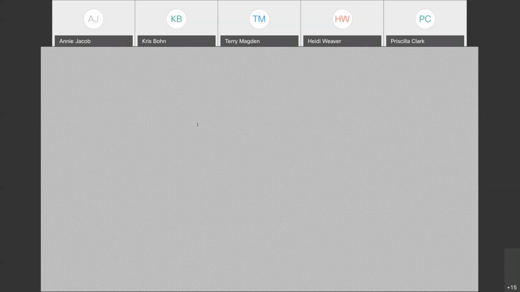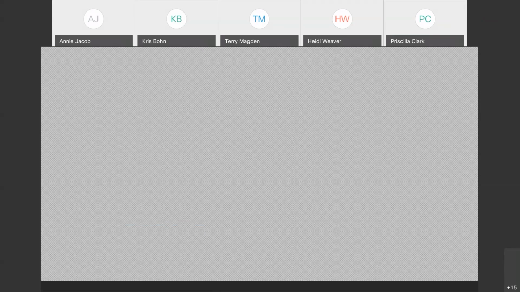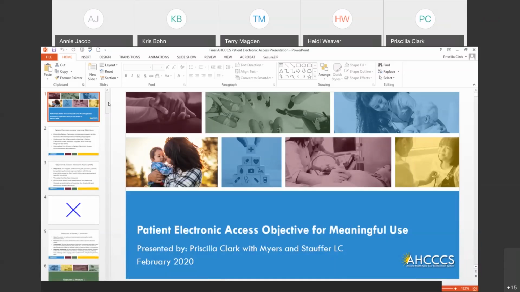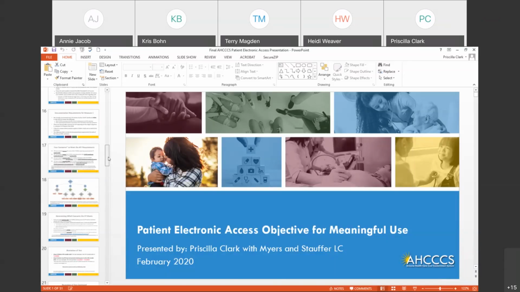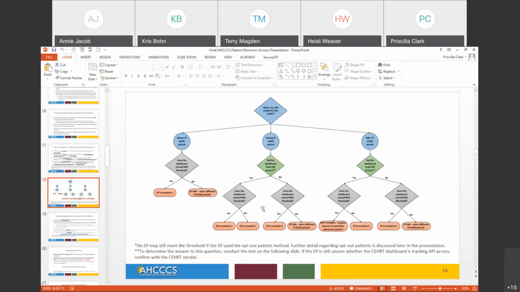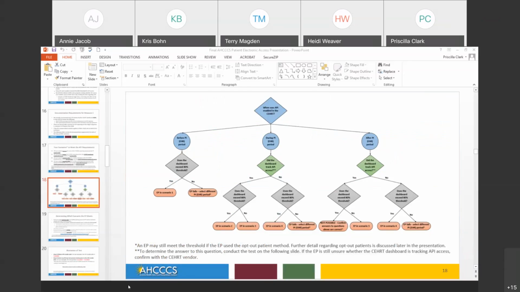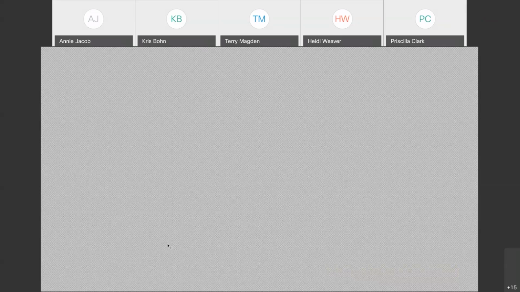Okay, give me just a minute to pull this up. So that decision tree that we discussed earlier, which was when was the API enabled in the Cert. Give me just a moment to switch over from the PowerPoint to the PDF.